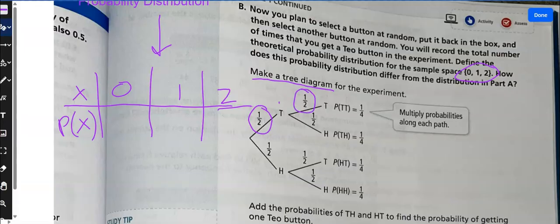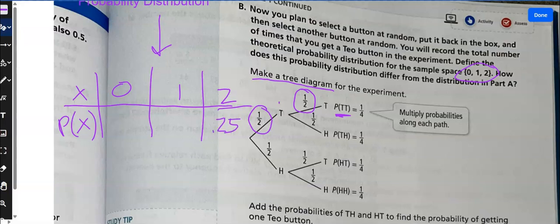If you multiply those together, because you're putting it back in the box, it's not going to change the probability. You get a 1/4. That is actually 2 Teos. So we would have 0.25.